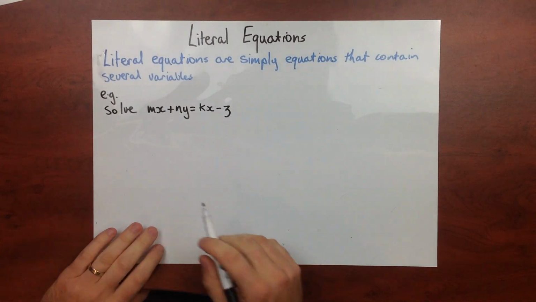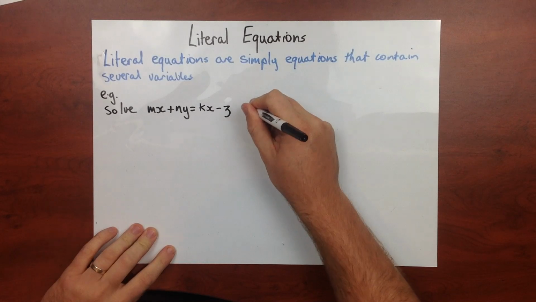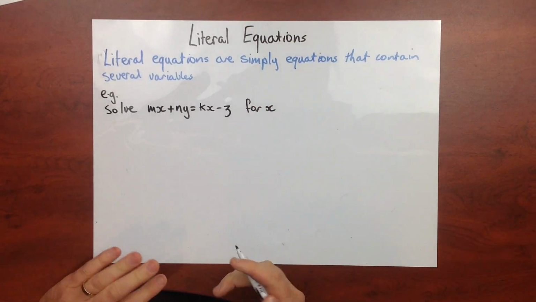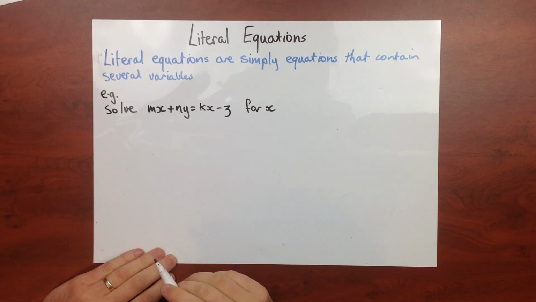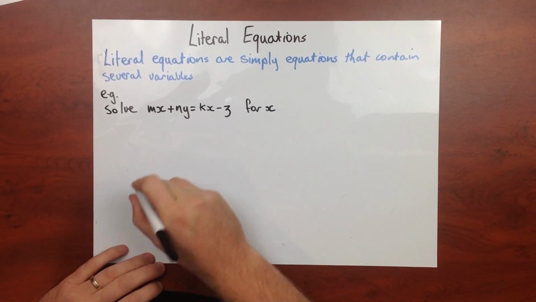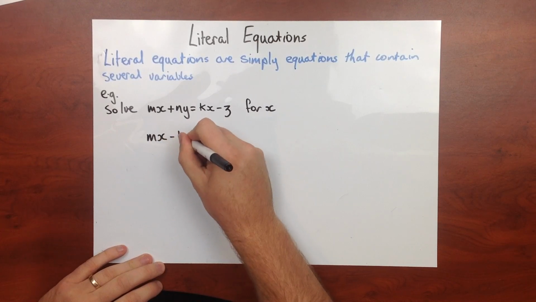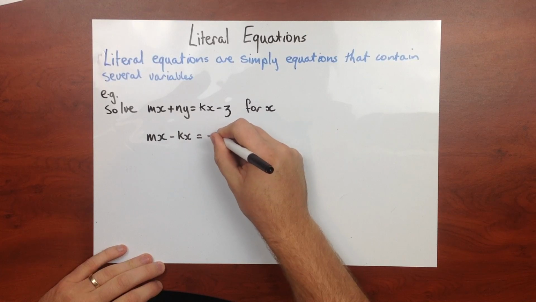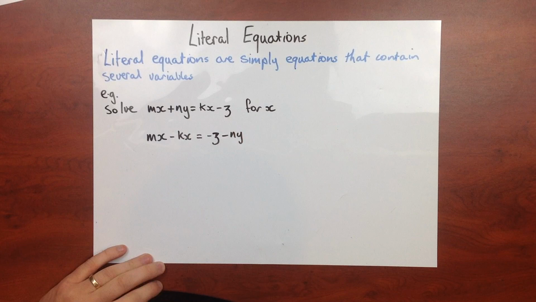Okay, so we've got an example here which is: solve mx plus ny equals kx minus z. That should be 4x. So what we want to do is get both our x's on one side and everything else on the other side. We're going to start by rearranging things a little bit. We've got mx minus kx is equal to negative z take ny.